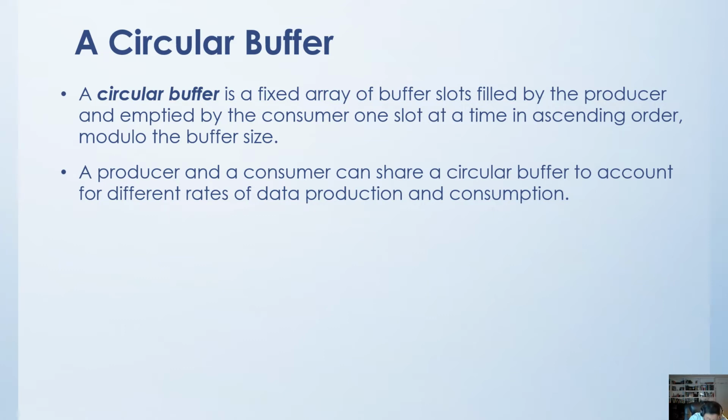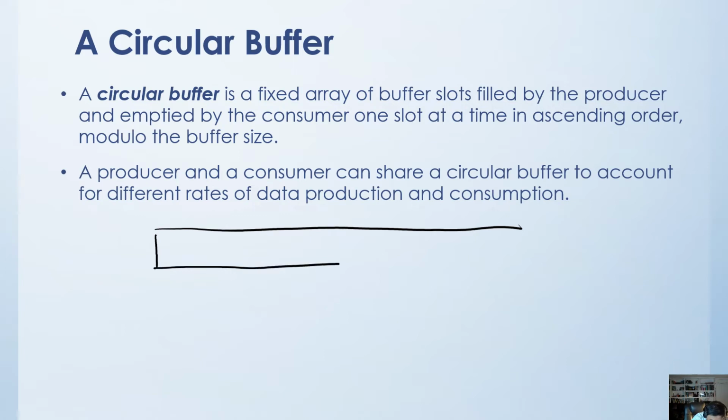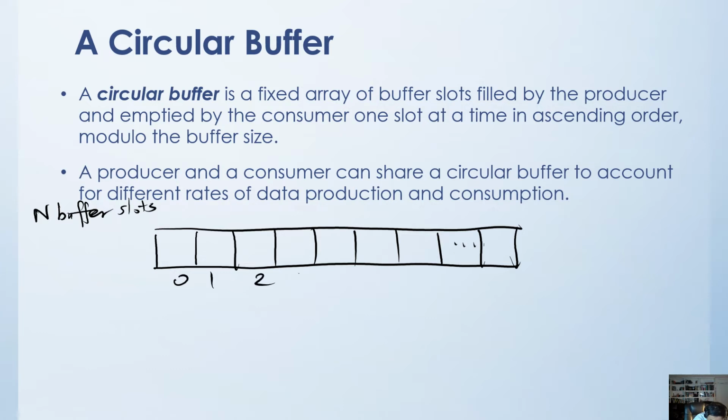So that means instead of using two buffers, you have an array of buffer slots: 0, 1, 2, 3, all the way to n minus 1, for a total of n buffer slots.